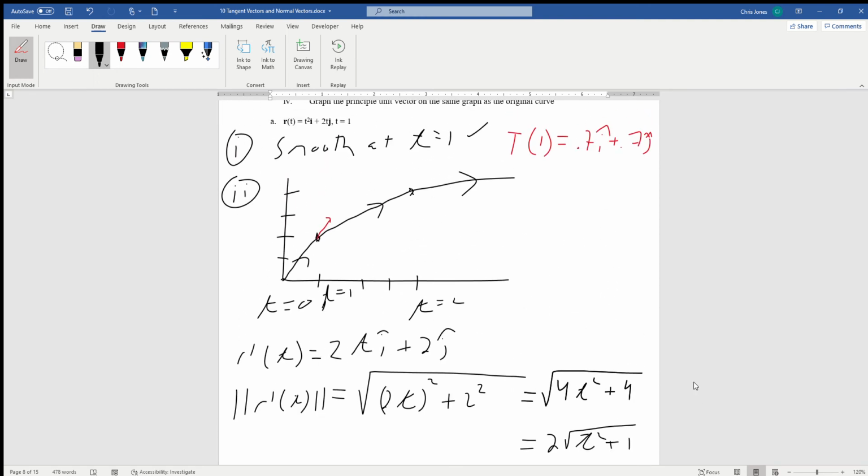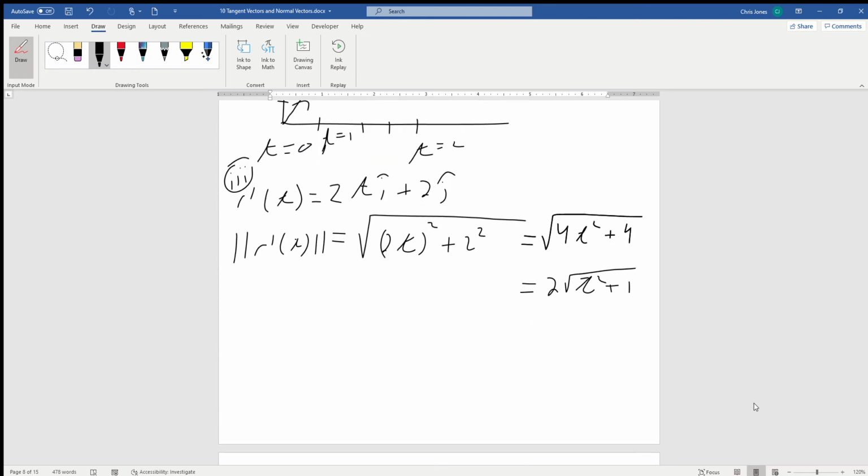All right. And by the way, this is starting part 3. So T of t, which we never found because we didn't need T of t, we just need T of 1, right, is going to be equal to 2t i plus 2j divided by this ugly radical, 2 root t squared plus 1.